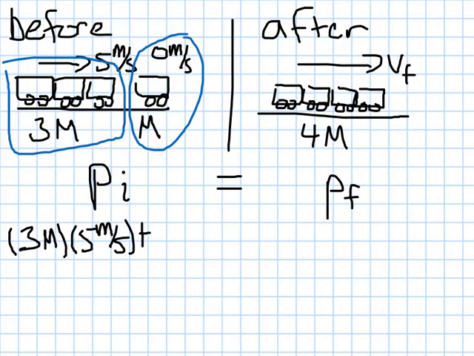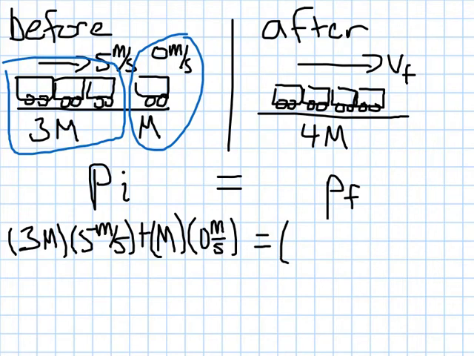Here's my other mass in this system, and that's just 1m times 0, which we probably could have left out, but I just wanted to be clear. And then finally, we have really just one object with a total mass of 4m and then a V final.